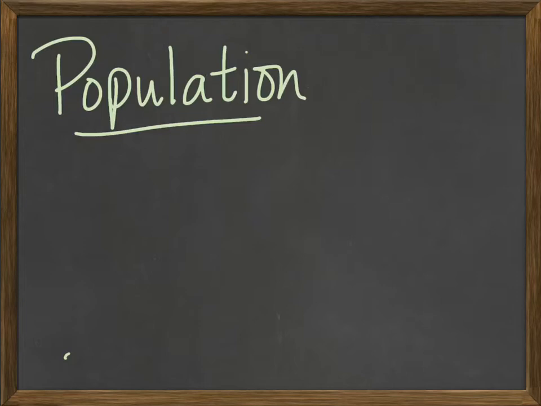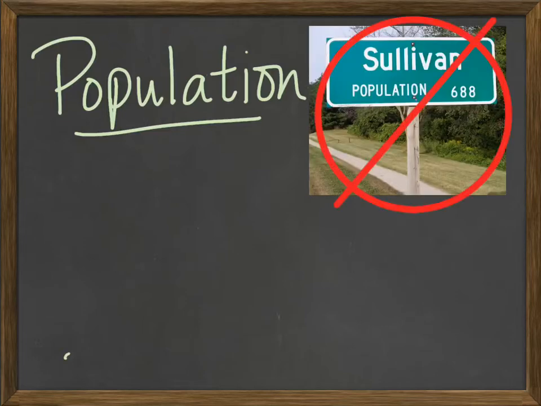Population may be the most frequently misunderstood word on this vocabulary set, because here is what population is not. It's not the number of individuals living in a place. That's the population size.